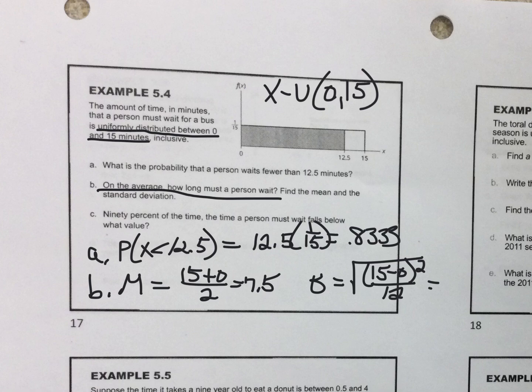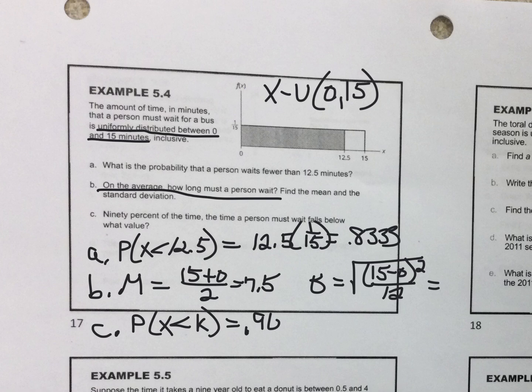Then it says 90% of the time a person must wait below what value? So the probability that X is below what number equals 90%. That's what we're finding.